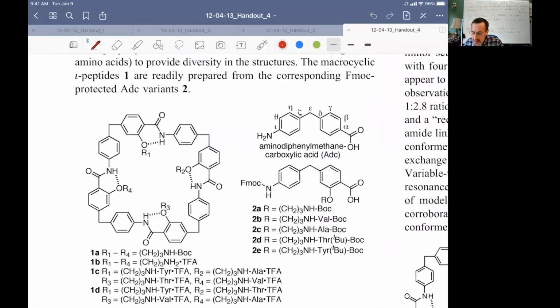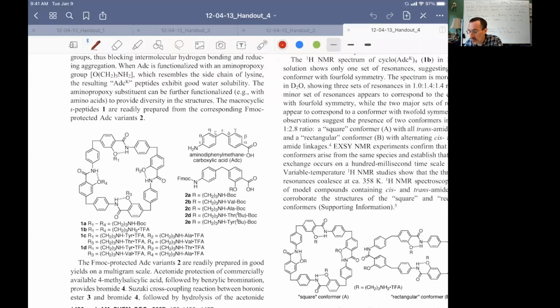He had made this molecule over here, and the molecule consisted of 4 unnatural amino acid residues, all the same residue in this particular case, hooked into a great big macrocycle. And so you'd expect all 4 of them to be the same, but that wasn't what he was seeing.